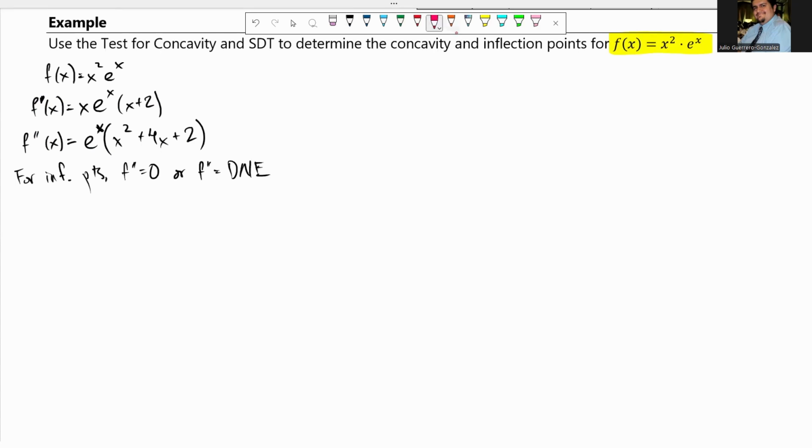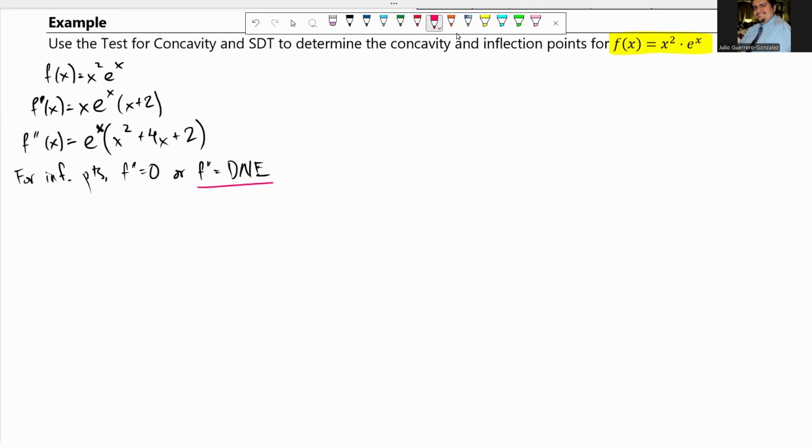I'm going to handle the second one first. You remember for something to not exist, I have to do one of the three bad things: divide by 0, take the square root of a negative, or take the logarithm of a negative.